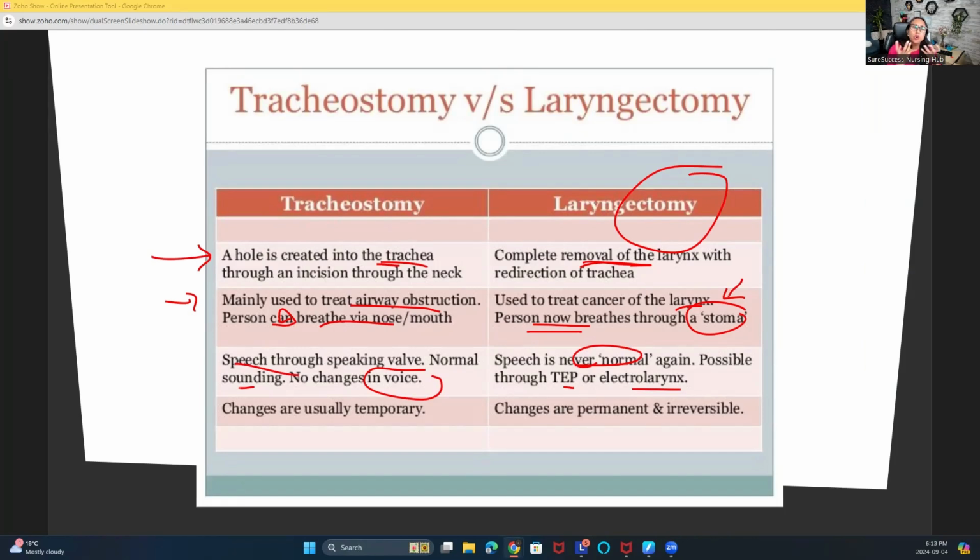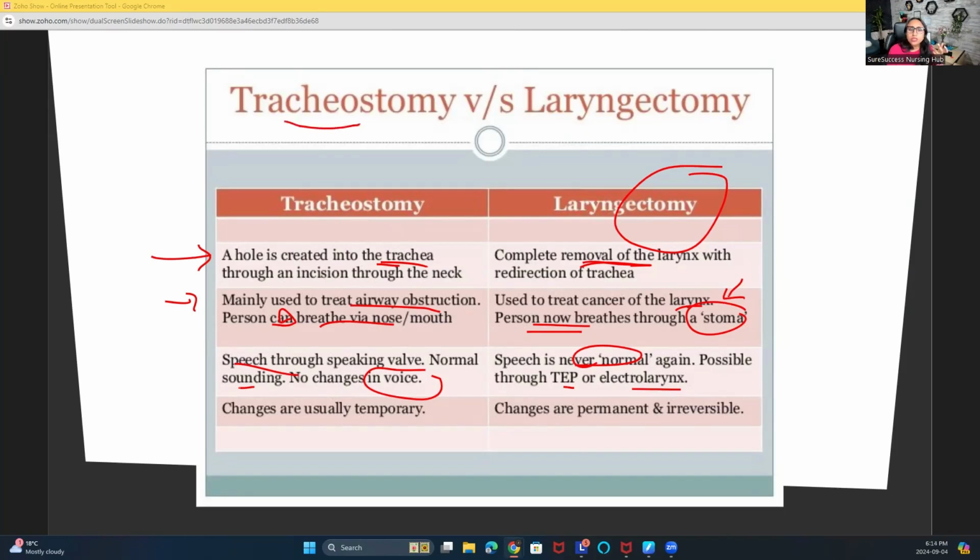Have you heard about Stephen Hawking, the greatest physicist who recently died? He had the laryngectomy, he did not have his own voice, he was talking through the robot. That kind of robotic voice you will get with laryngectomy.